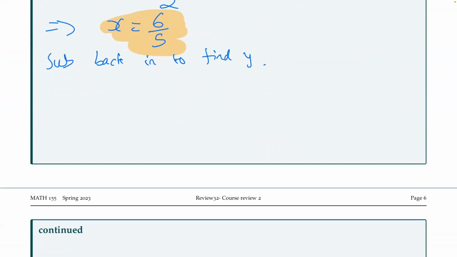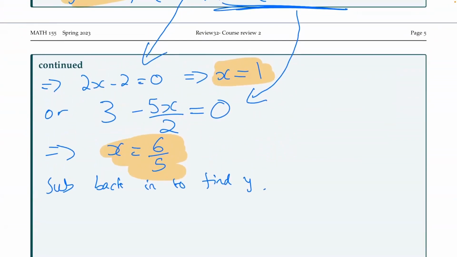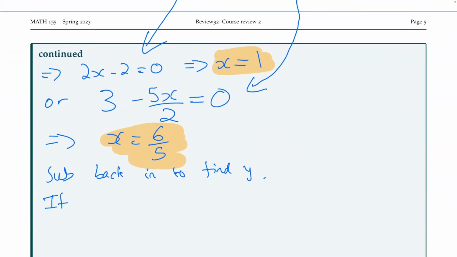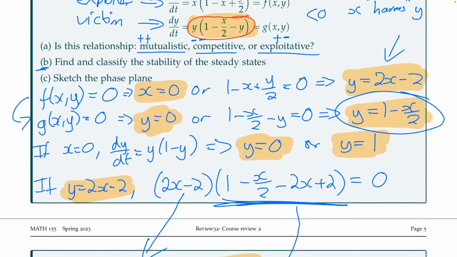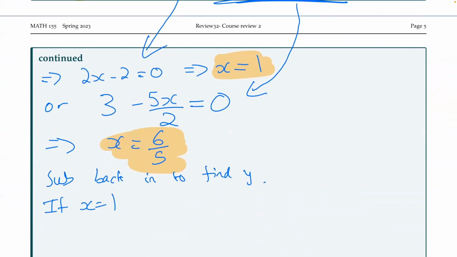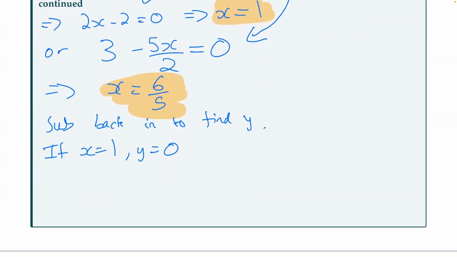So if x is equal to 1, that was the case when we had y is equal to 2x minus 2. That tells me that y is equal to 0. 2 times 1 minus 2, so we know y is equal to 0.